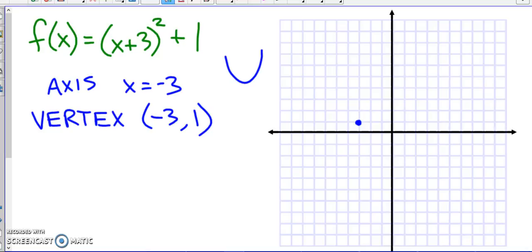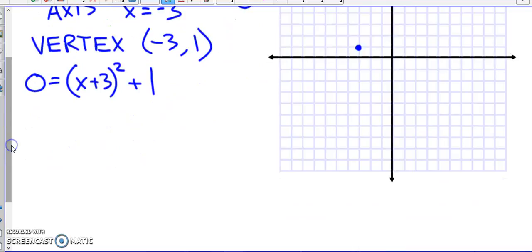Set it to 0. So this would be (x plus 3) squared plus 1. Follow the same process we did last time, right? Minus 1, minus 1. (x plus 3) squared equals negative 1.